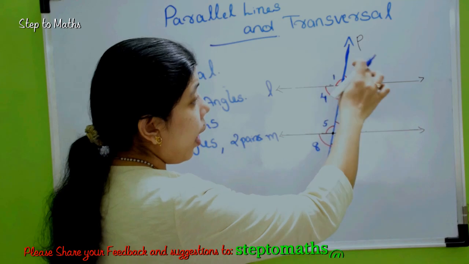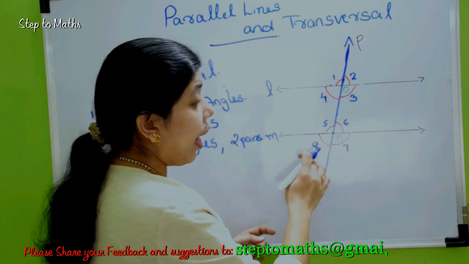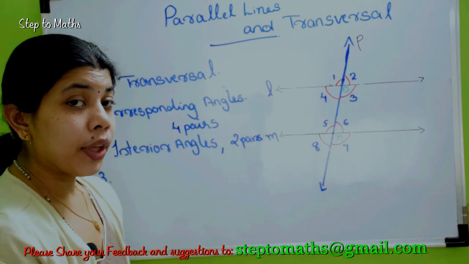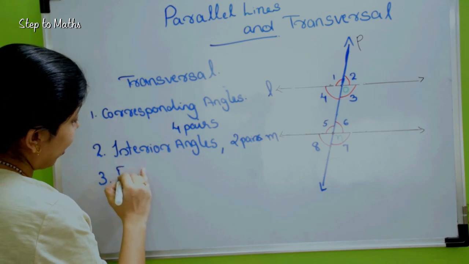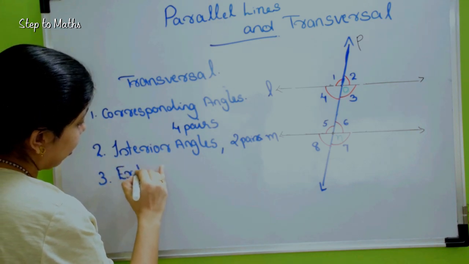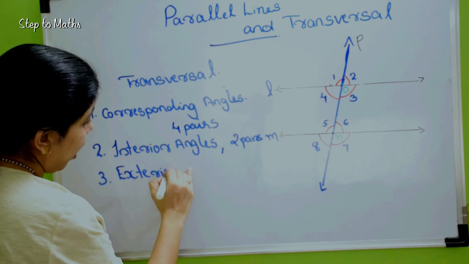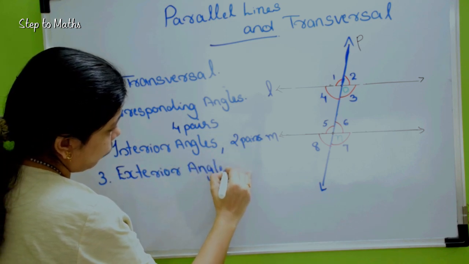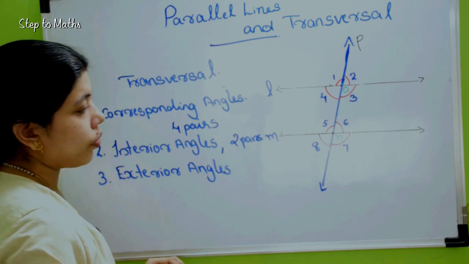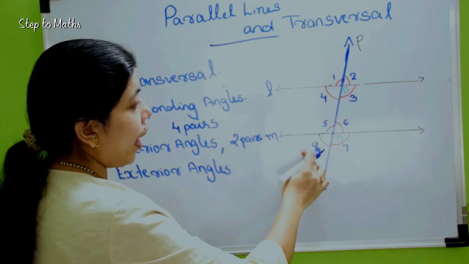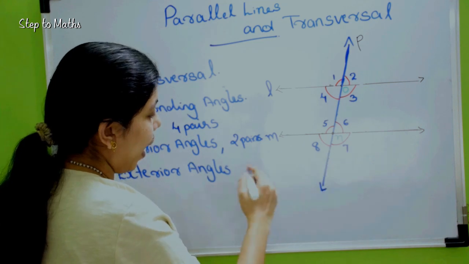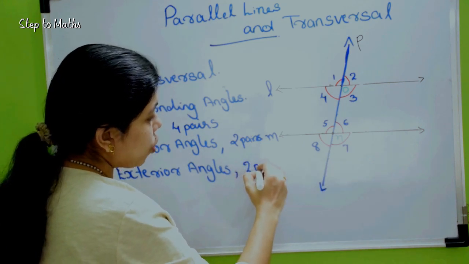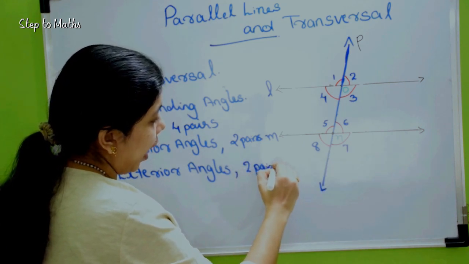Angle 1, angle 2, angle 7 and angle 8 are known as exterior angles. So, angle 1 and angle 8, and angle 2 and angle 7. 2 pairs of exterior angles.